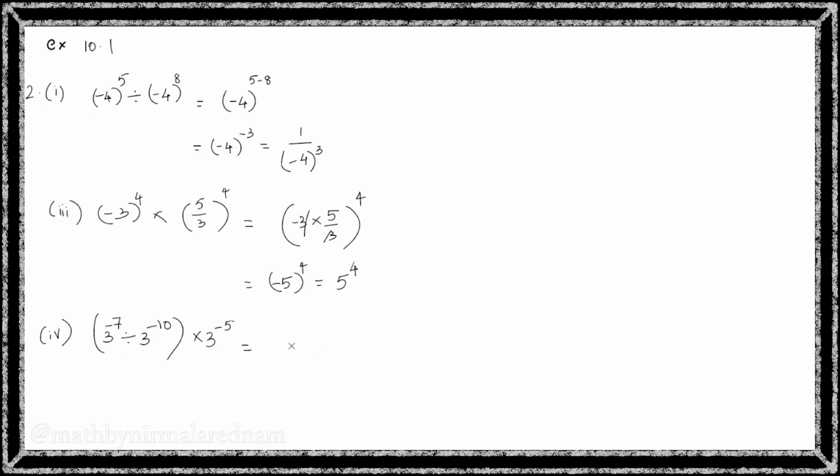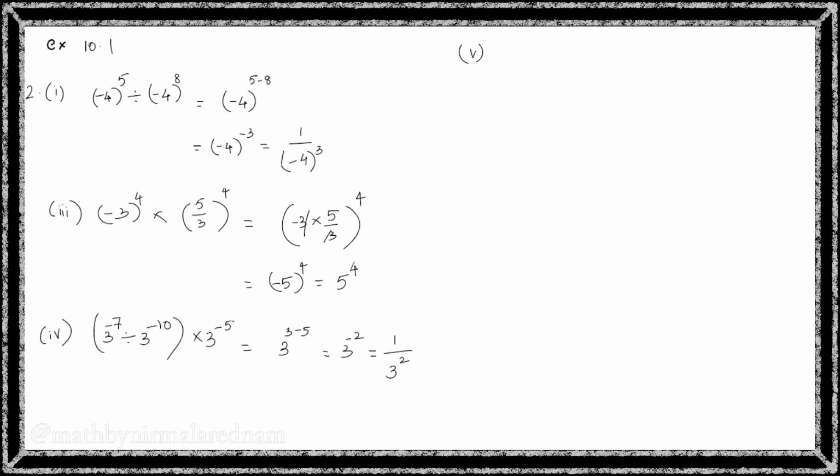So inside the bracket I have 3 power minus 7 minus of minus 10, which is 3, right? And into this, so plus of minus 5 is minus 5, which is 3 power minus 2, and they want positive exponent, so I'll write it as 1 by 3 square. Correct? So that is your fourth sum.